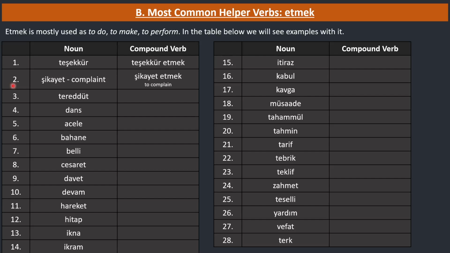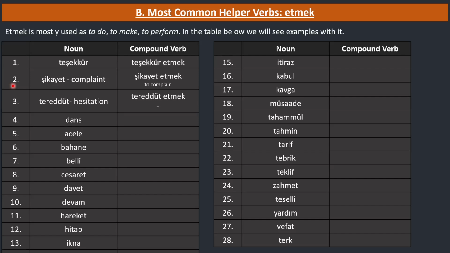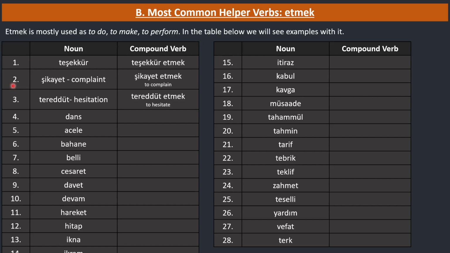Okay, next one, tereddüt. What is tereddüt? Yeah, as a noun, tereddüt is hesitation. So when you do tereddüt, when you etmek tereddüt, simply tereddüt etmek, yani to hesitate. Tereddüt etme.